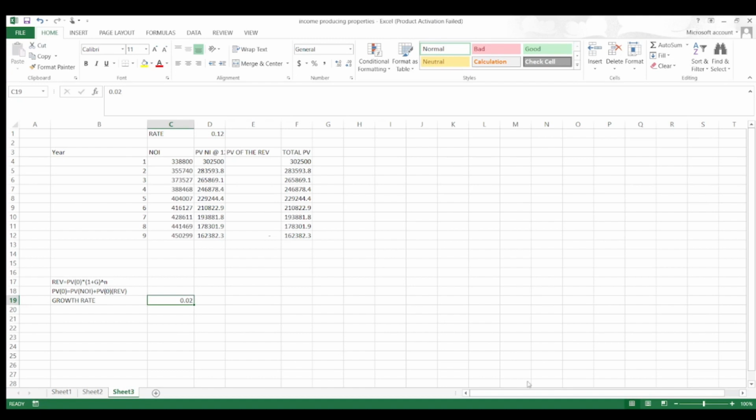We can also estimate the reversionary amount based on the expected changes of the present value.